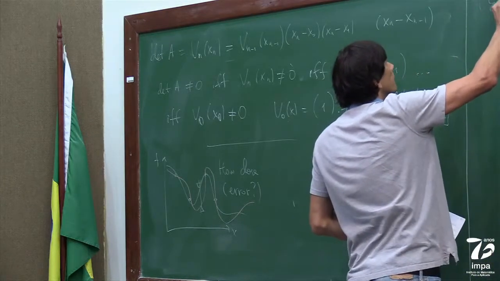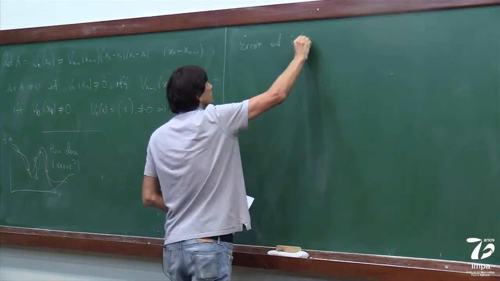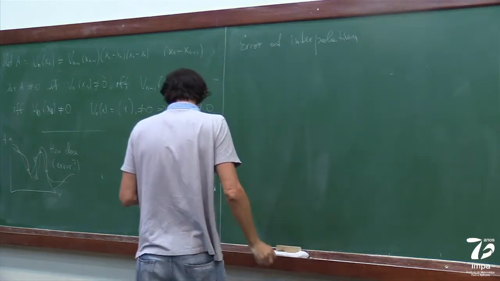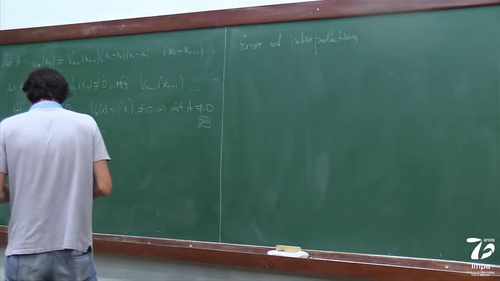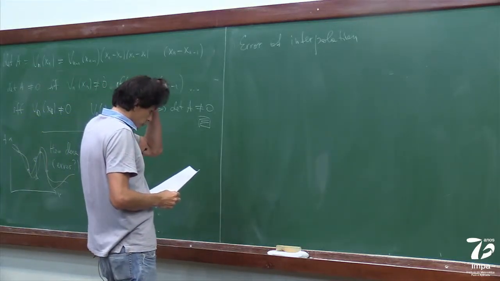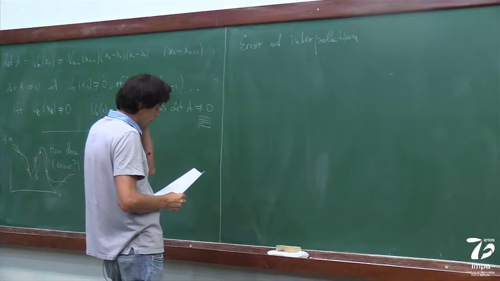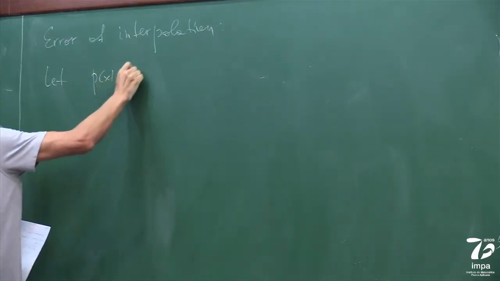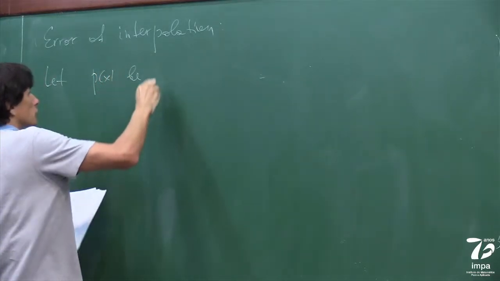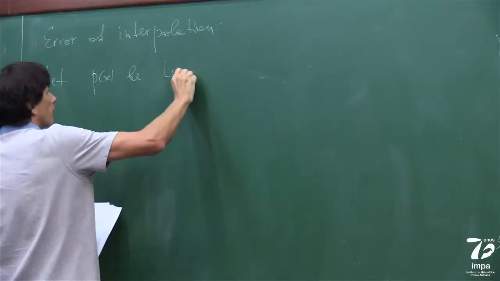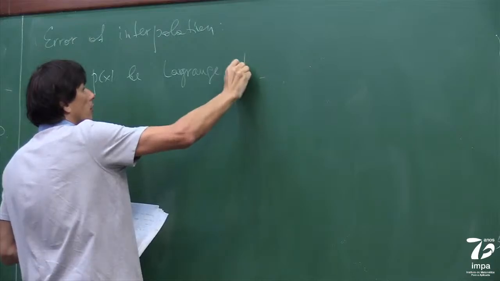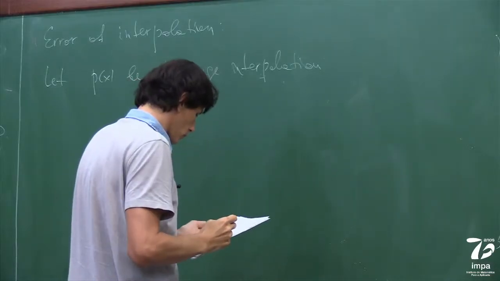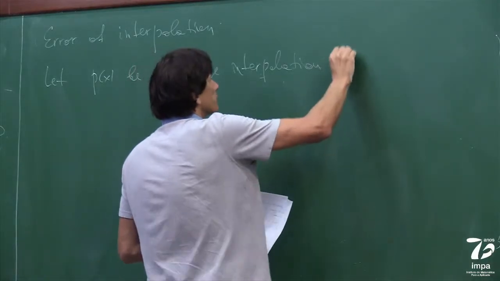The error of interpolation. So we need some estimate for the difference. So how do you do it? Let P of x be the Lagrange interpolation of a function.